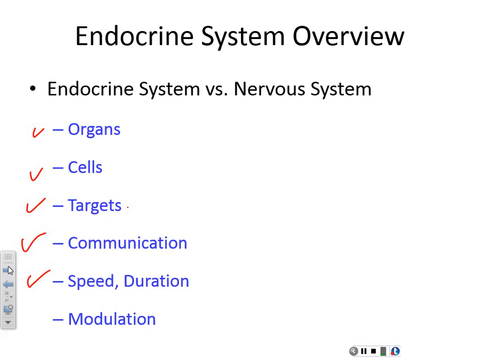Okay, and then modulation. We just talked about the nervous system. We said it's the frequency of the action potentials, right? Okay, and then for the endocrine system, how is it modulated? What determines size of stimulus in the endocrine system? How do we know it's a big stimulus or it's a small stimulus in the endocrine system?